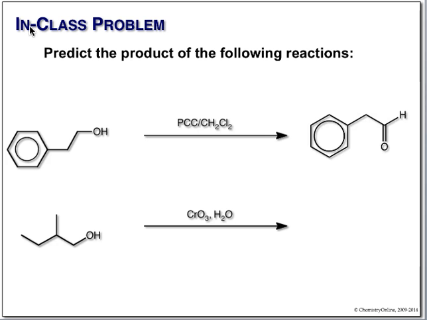Now our last one here. We have a primary alcohol, and we have CrO3 in water. That's our powerful oxidizing conditions. That's going to take the alcohol all the way to the carboxylic acid. In reality, it first goes to the aldehyde, but the aldehyde is instantly oxidized to the carboxylic acid.